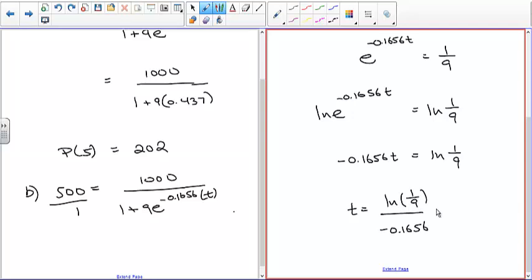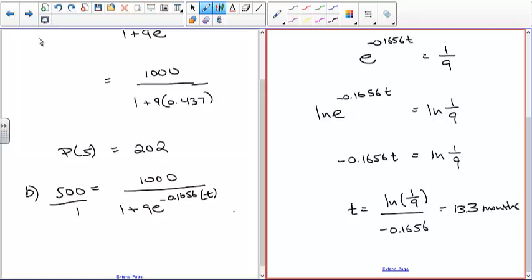The natural log of any number less than 1 is going to be negative, so I know that t is going to be positive. If it wasn't, I'd be not very happy. So I take the natural log of 1/9, divide by negative 0.1656, and I get 13.3, I guess they're months.